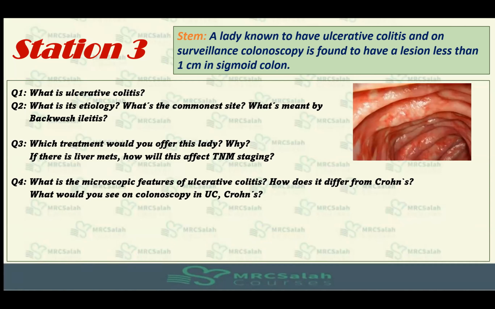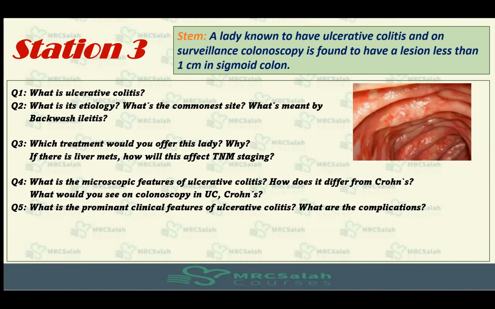Yes. While Crohn's is significant with the cobblestone appearance, skip lesions, aphthoid ulceration, linear fissures, and creeping fat. Yes, I doubt that creeping fat will be visible with colonoscopy. Okay, you can see it from the colonoscopy.